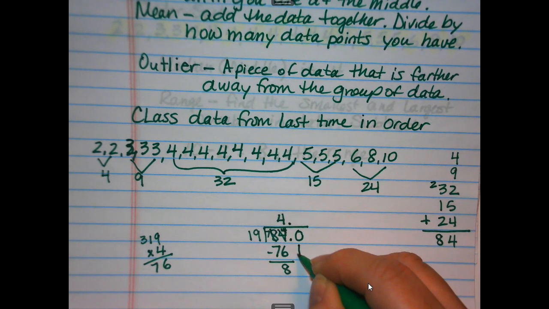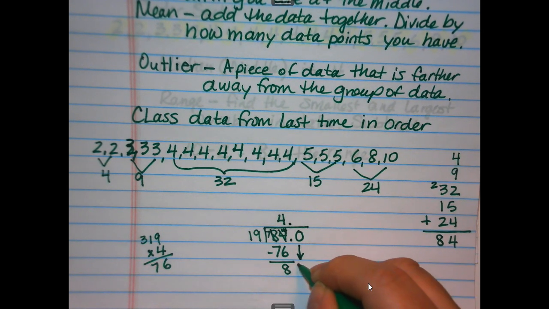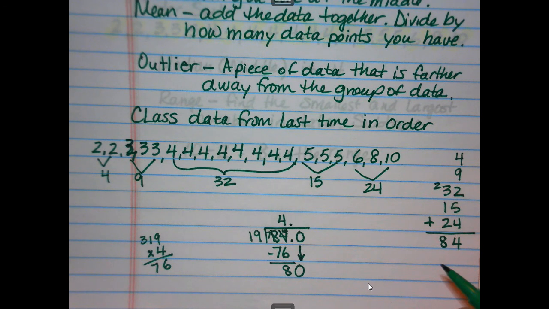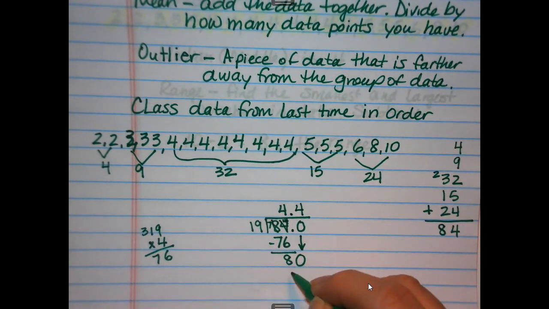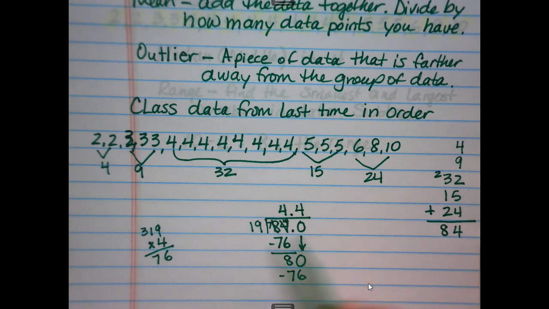So I'm going to bring this down next to the 8. And it looks like when I compare this number over here that I got, that I can use a 4 again. So I'm going to put that 76 down, because 4 times 19 over here is 76.